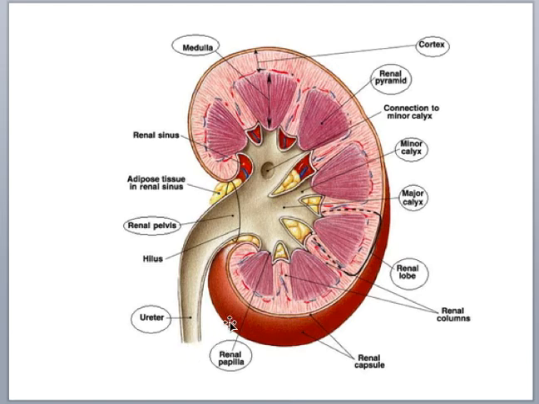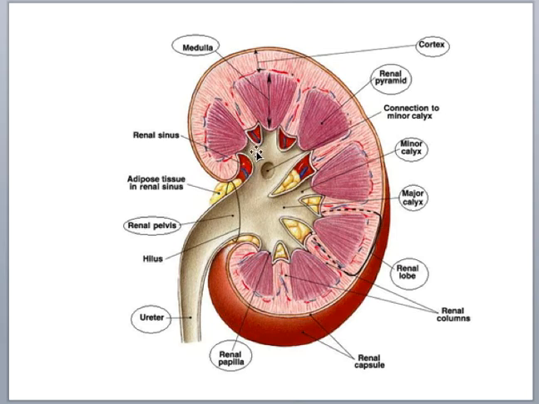for storage. Now, it doesn't show the renal artery and renal vein, but the renal artery would be entering here, the renal vein exiting here. This region where everything is entering and exiting the kidney is called the hilus, or the hilum, either or.